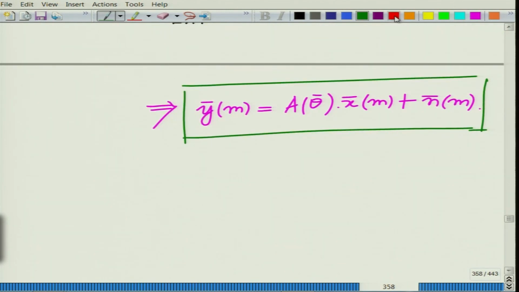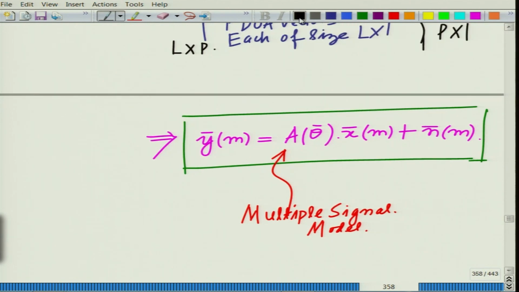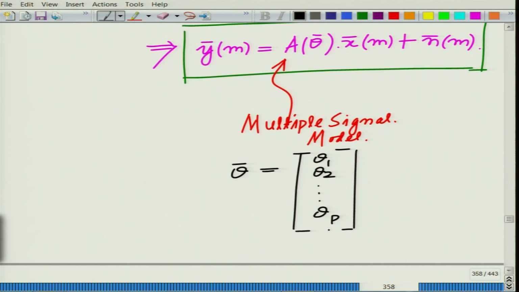So, this is basically the multiple signal model, and now we want to classify this. The classification is basically determining the directions of arrival theta 1, theta 2 up to theta p. These are the directions of arrival of the p signals.